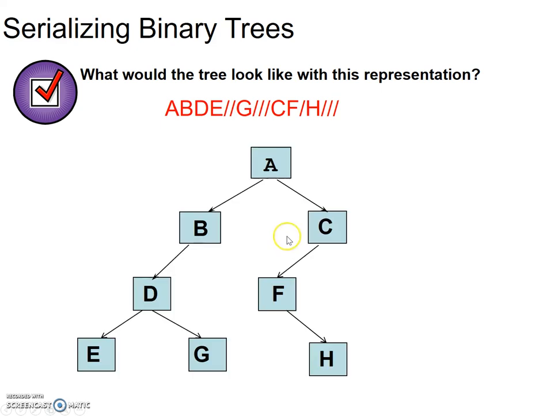So I'd be able to reconstitute it in this type of tree because I know A, to the left B, to the left D, to the left E, null, null, G, null, null, back to B, null, C to F, null, H, null, null, null. So this is the tree that would be represented with this stream.